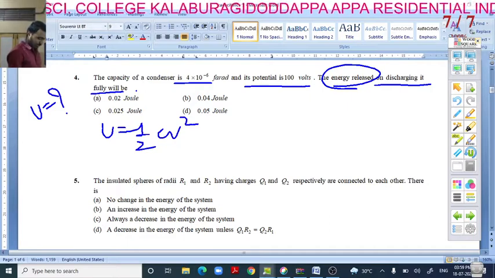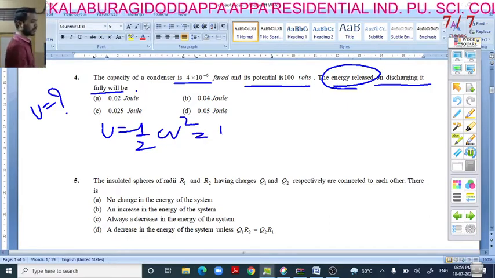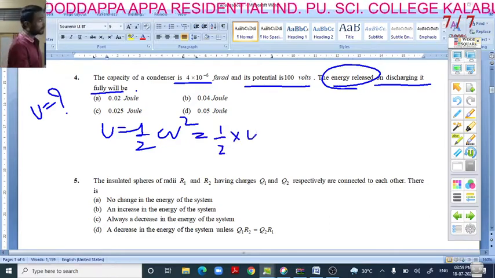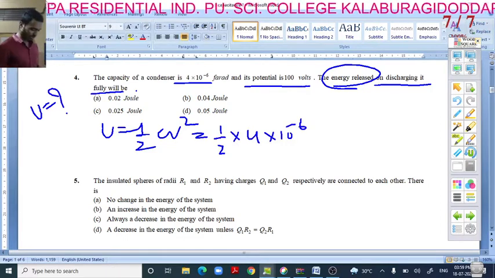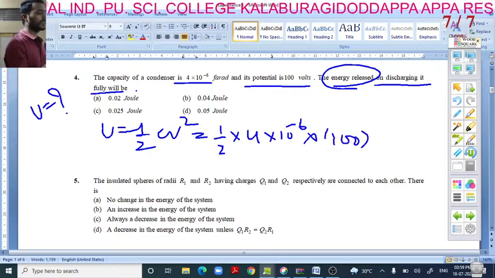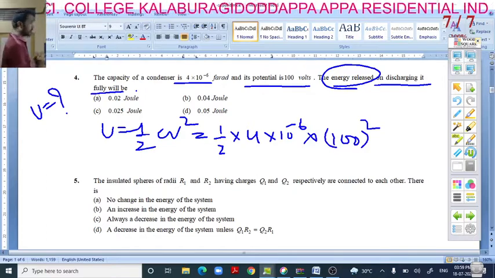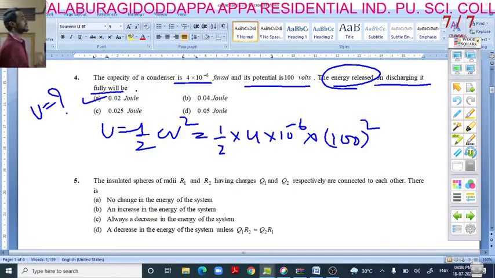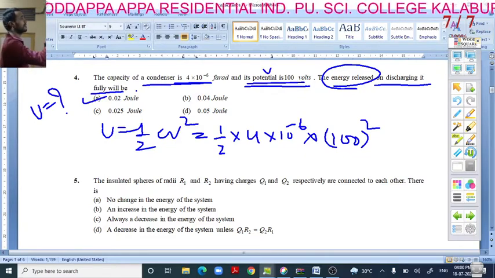So just substitute the values of the given data. Just 4 into 10 to the power -6, C he has given, along with that V also he has given, that is 100 volts. So by calculating, your option is the first option. Capacity he has given and potential V he has given, right?